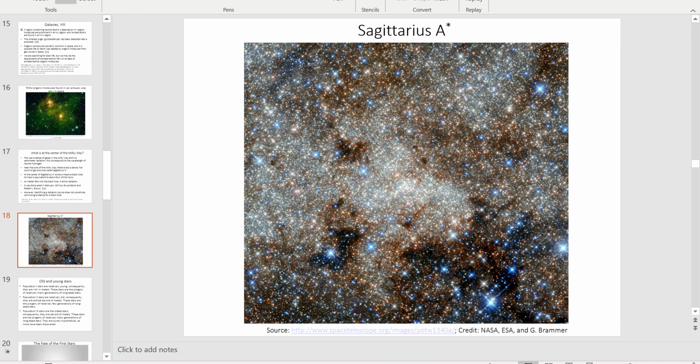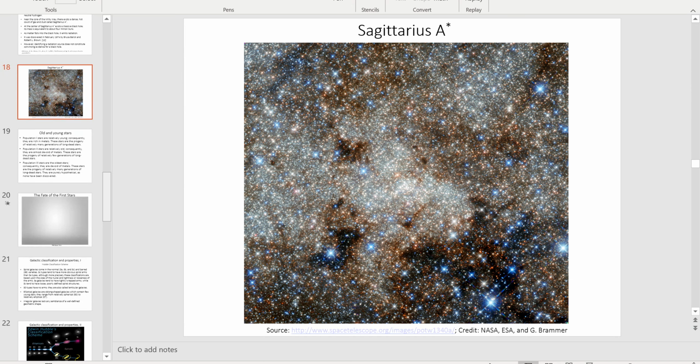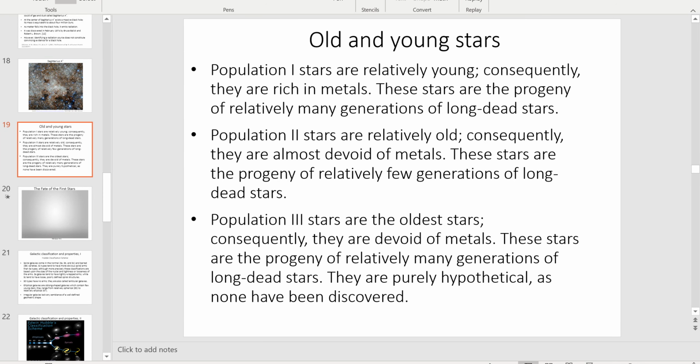This is a picture of the center of the Milky Way galaxy, Sagittarius A star. There's tons of stars in this region, so really this is just a picture of part of the center of the Milky Way galaxy.